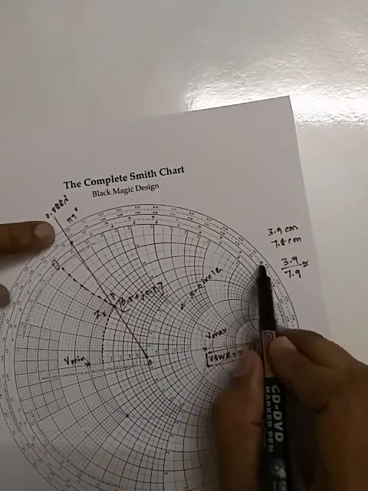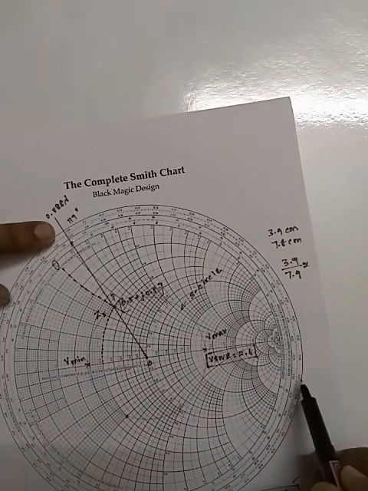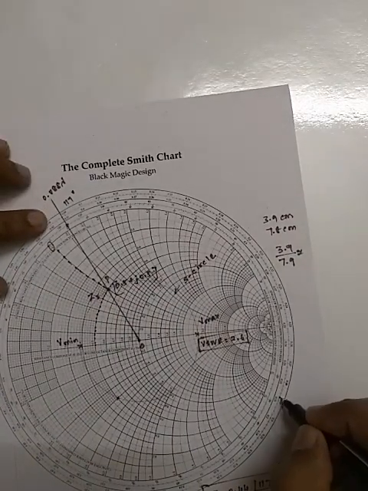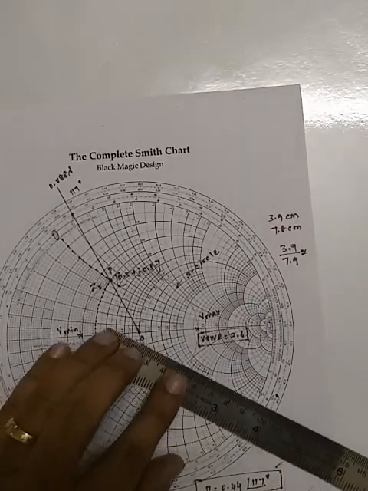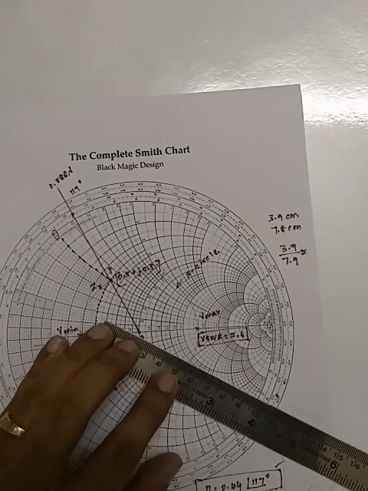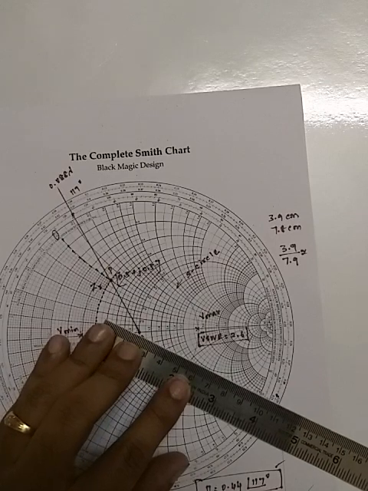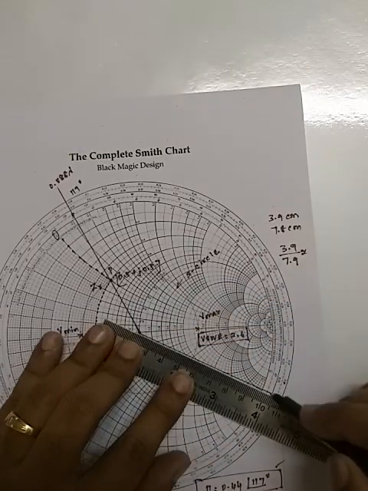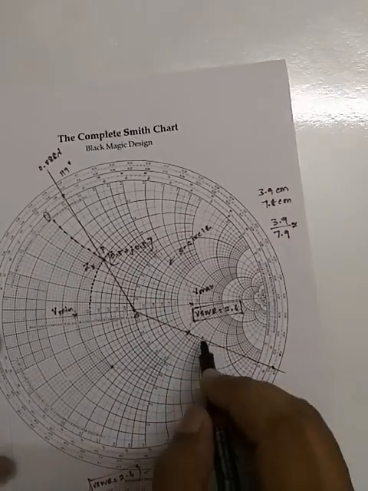So this is the point we reach after we move a distance of 0.2 lambda. Then from the center of the Smith chart, connect this point. That line will cut the S circle at some point. That will give you the input impedance.